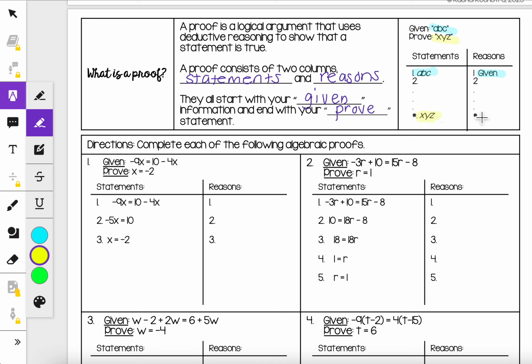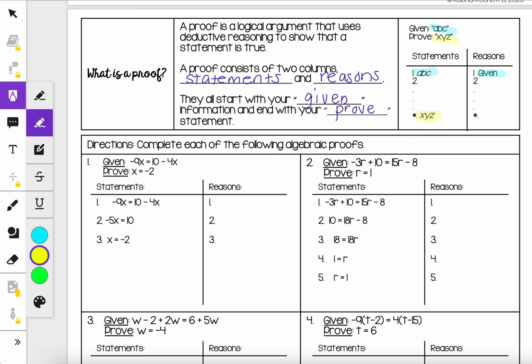Your reason would be whatever reasoning from the step before to your last step. You want to number these, making sure that you're numbering your statements and your reasons, so that every statement has a reason or a justification for that statement.